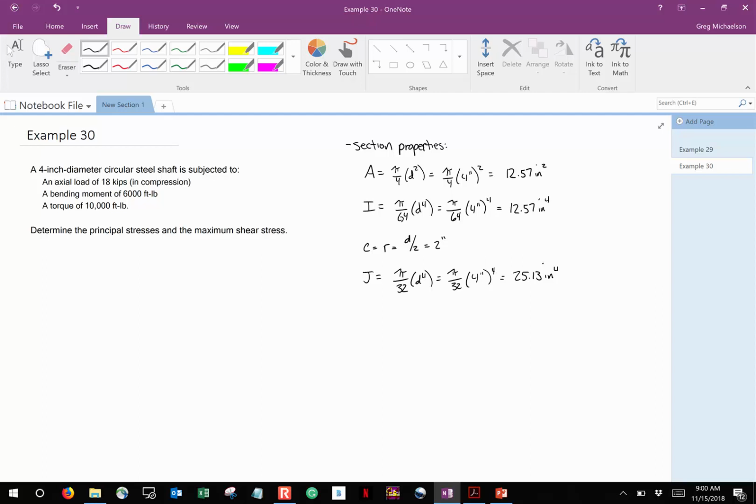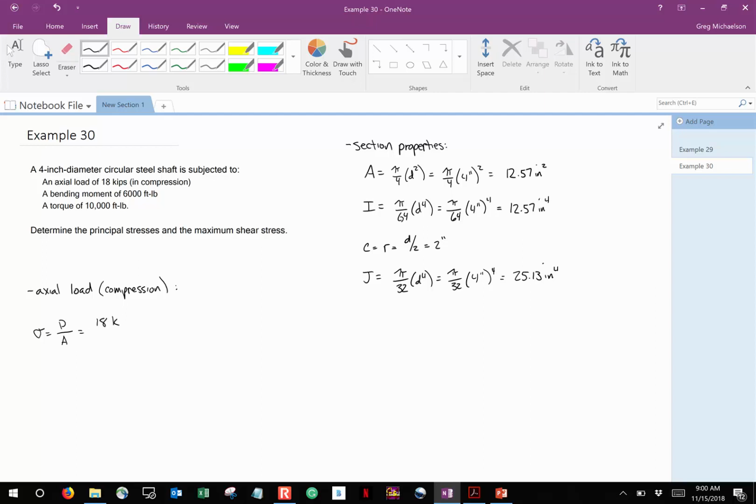All right. So now that we have our section properties, we can take each of these one at a time, and let's be very consistent. So let's start off with the axial load. The one thing I'll indicate is that it's in compression. So we know that if you have an axial load on a section, the axial stress is P over A. Hence why we needed the A a little bit ago.